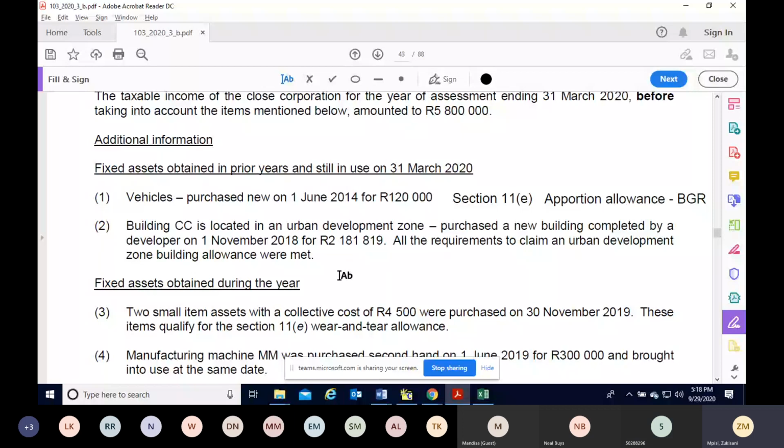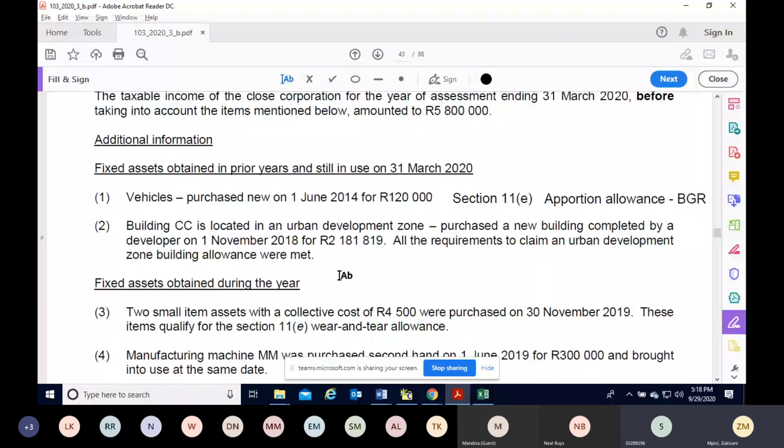The building must be used solely for the trade. It must be within an urban development zone. The erection or improvement must be to the whole building or a floor of at least 1,000 square meters. The relevant details and certificates must accompany the tax return for the year.